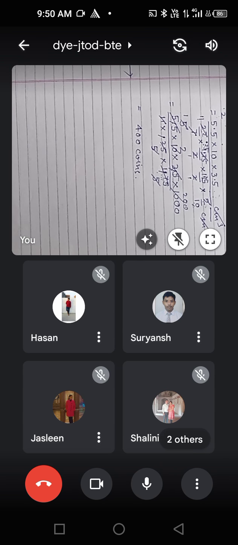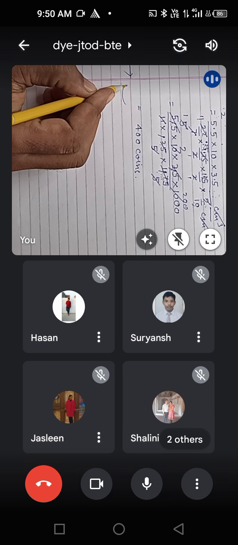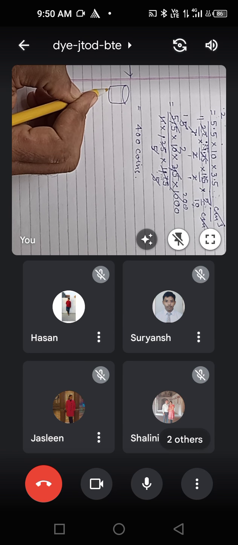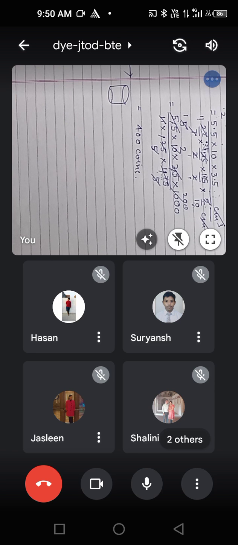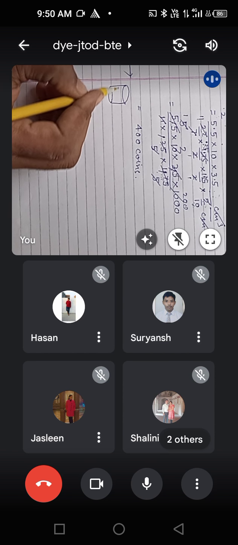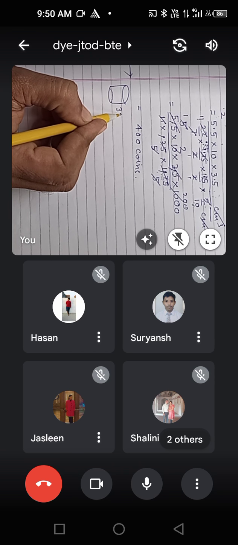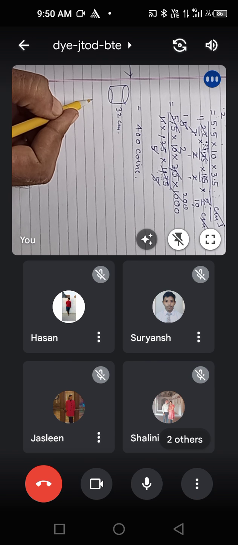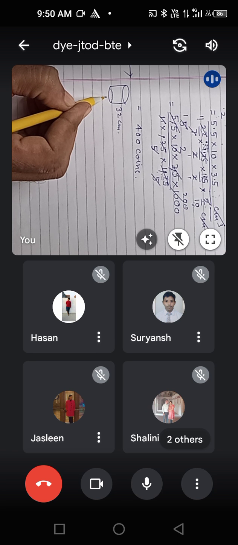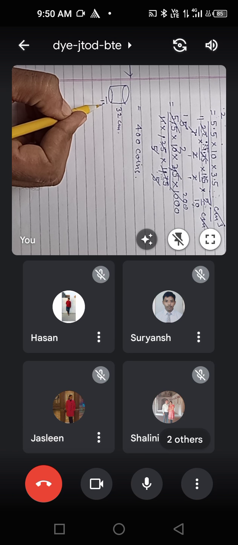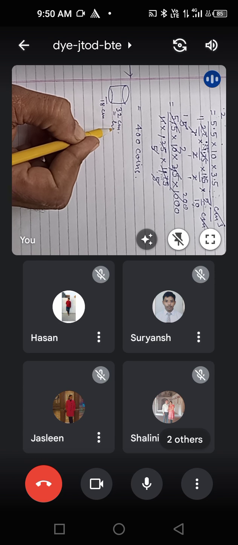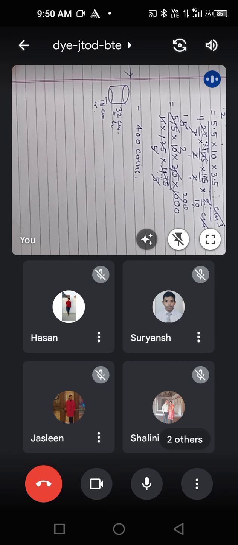This is the cylindrical bucket, you can see, and the height of the cylindrical bucket is 32 centimeter, and the radius of the base is 18 centimeter. So this is the height of the cylindrical bucket, and this is the radius of the cylindrical bucket.